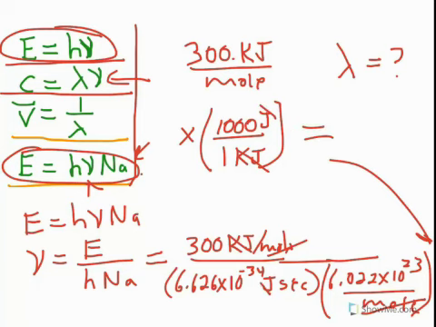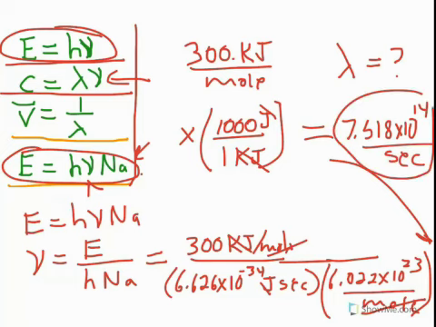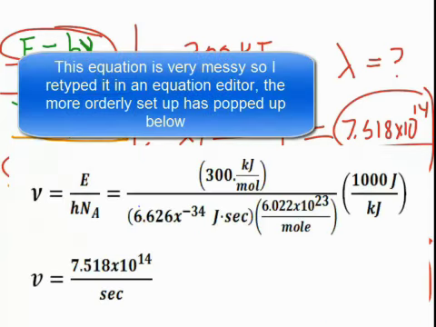Now I plug into my calculator 300 divided by 6.626 to the negative 34th power divided by 6.022 to the 23rd power times 1,000, and I get a frequency of 7.518 times 10 to the 14 per second. So that's my frequency. Now I'm going to have to erase in a second, so get that written down, and hopefully you put it in a better order.